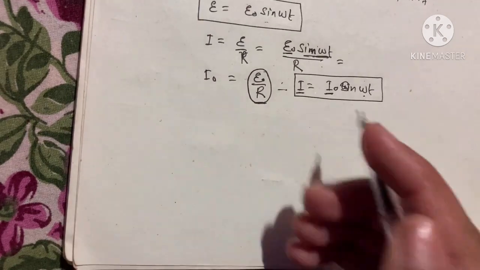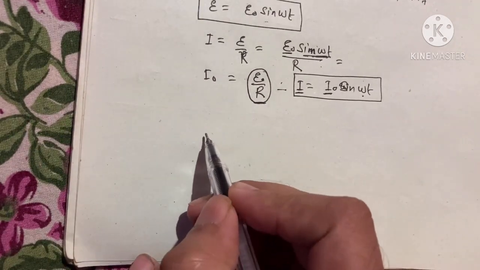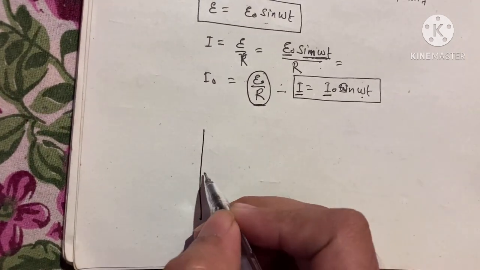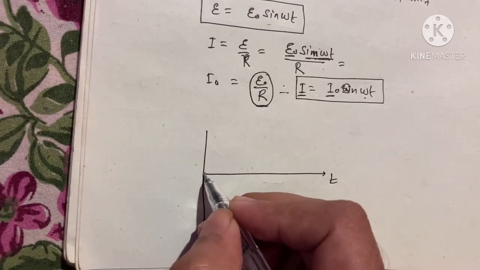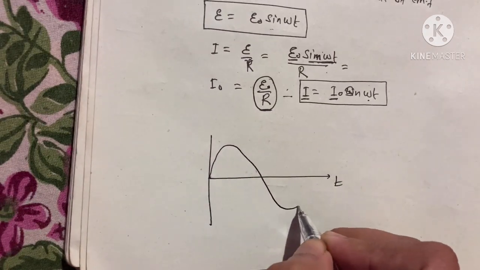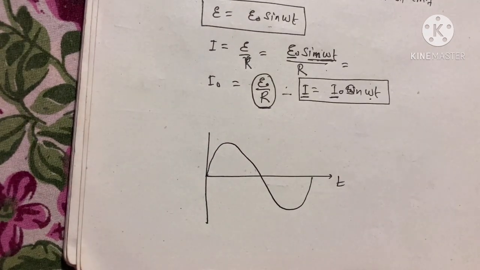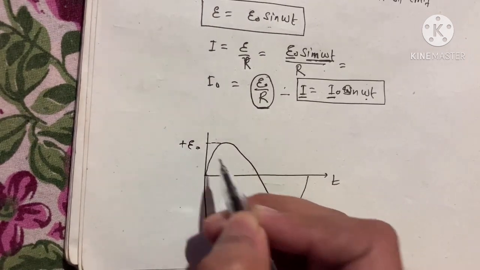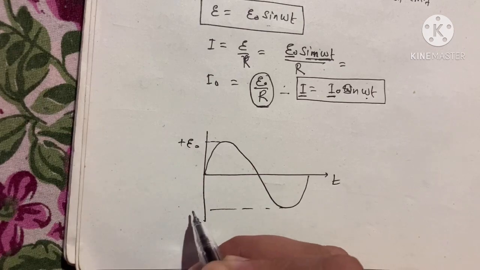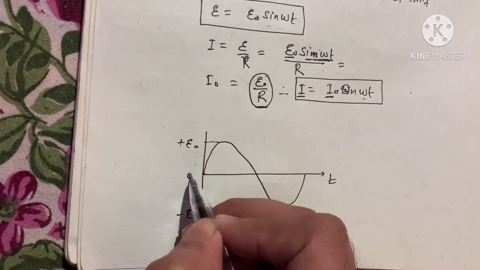Suppose this is one axis and this is the time axis. I am plotting for EMF for one complete cycle. This is plus E naught and this is minus E naught, this is 0.